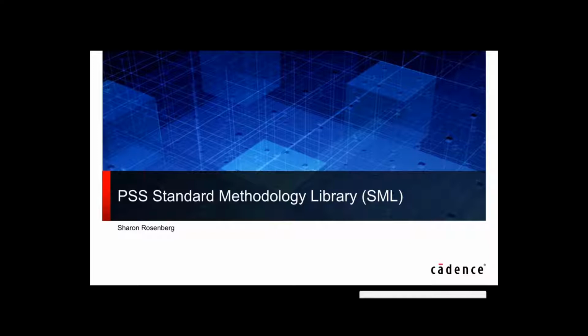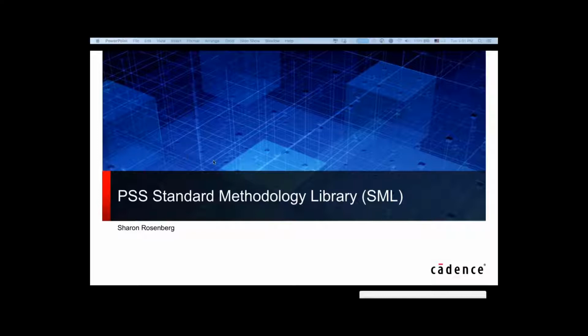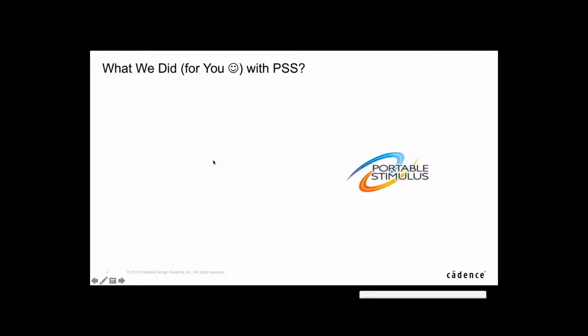So we're going to build on top of some of the stuff that you've seen in the previous presentation. And the first question to be asked is, let's talk about PSS and what we did for you with PSS. So if you guys have UVM background, we have UVM sequences. What do we need UVM sequences on top of PSS? Well, actually, we have actions and activities.